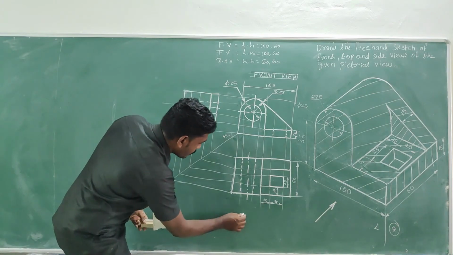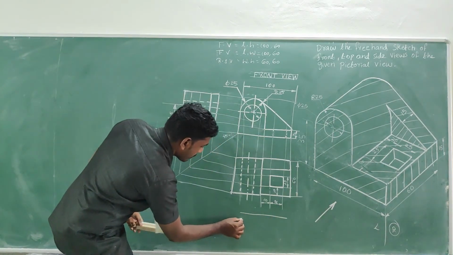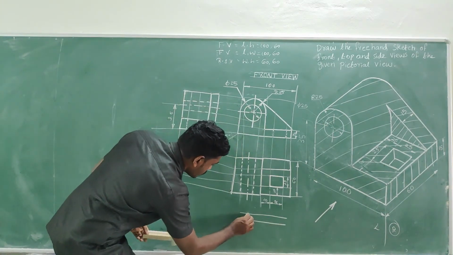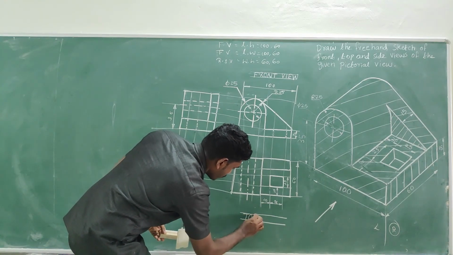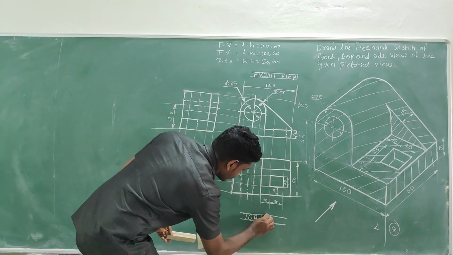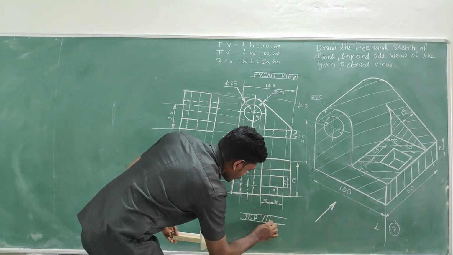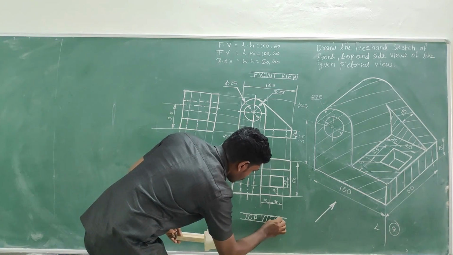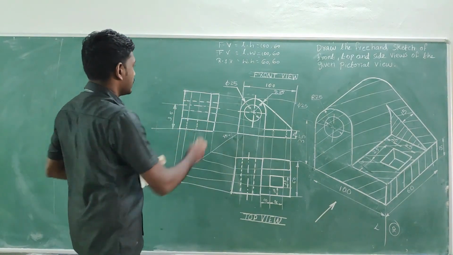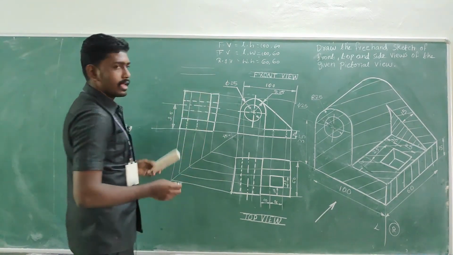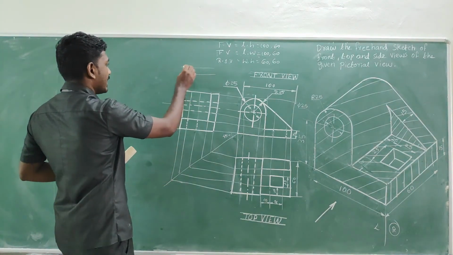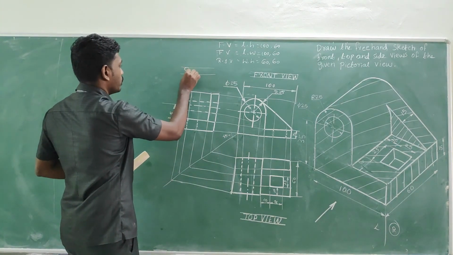So below the top view you can make a guideline and write top view. This is the side view. Either you can write right side view, or else in short we can write side view.